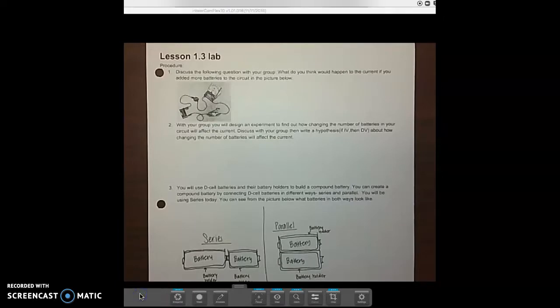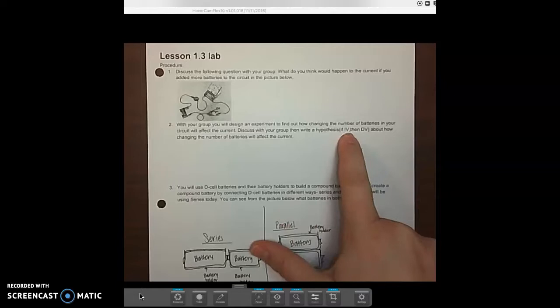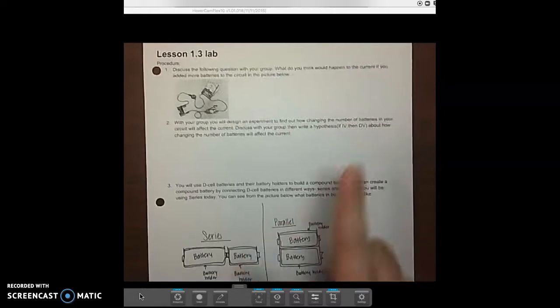Okay, now on number 2, you're going to take that broad idea of what you think is going to happen on number 1, and you're going to write it into hypothesis form. So remember, it's if, then the independent variable, then dependent variable.